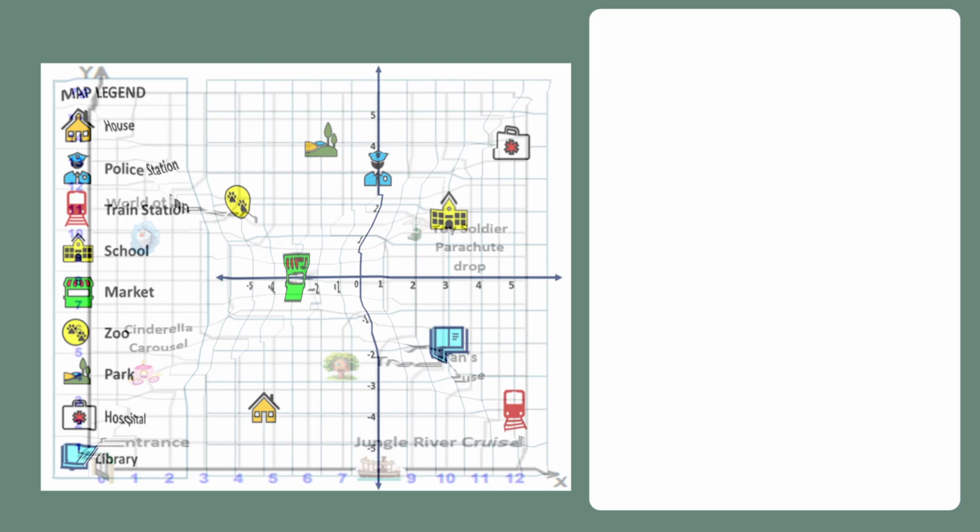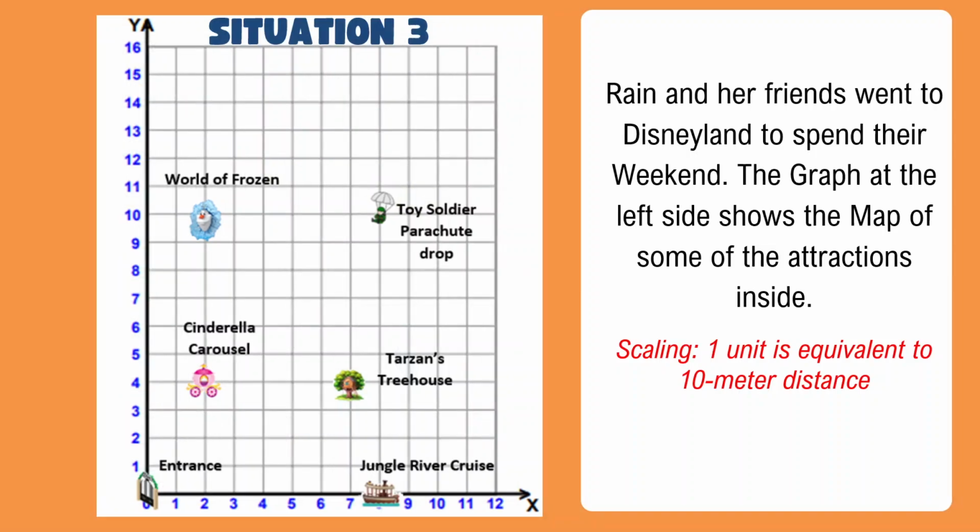Next, situation 3. Rain and her friends went to Disneyland to spend their weekend. The graph at the left side shows the map of some of the attractions inside. We have here the scaling: 1 unit is equivalent to 10-meter distance.